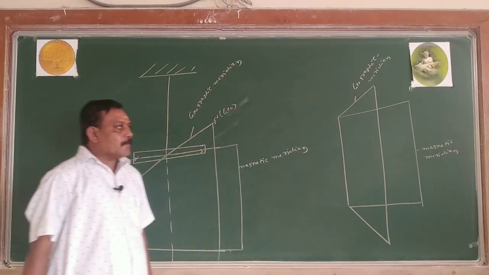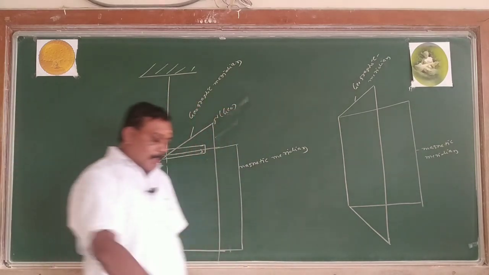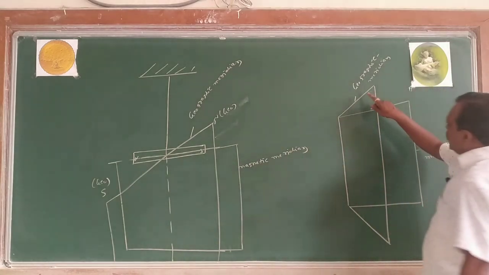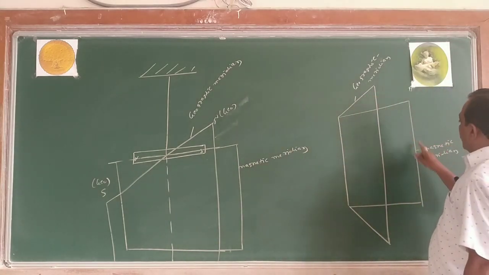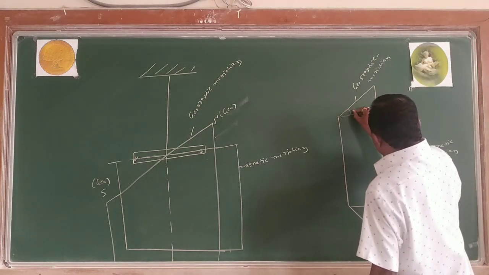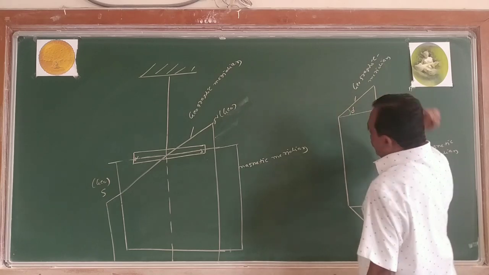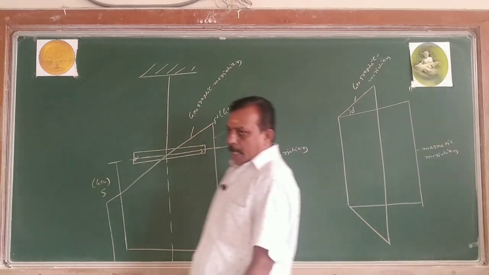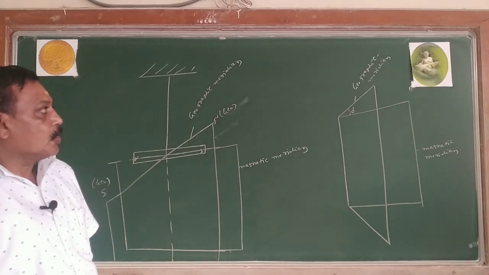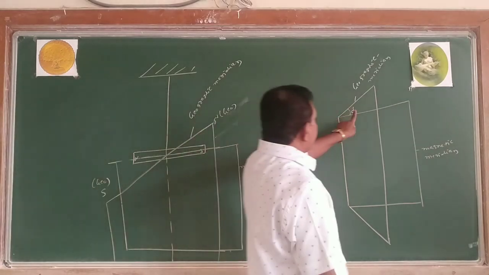Then I come across the magnetic elements. The angle between the geographic meridian and the magnetic meridian is the magnetic declination delta. The angle between the geographic meridian and magnetic meridian gives the magnetic declination delta.